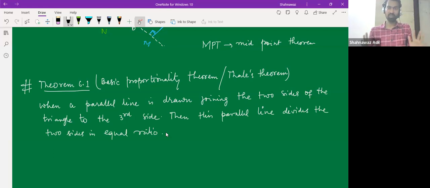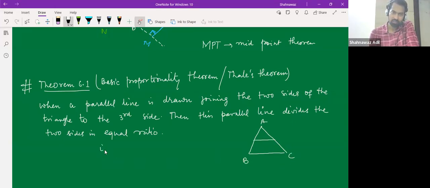So that is why mathematics is very important, because these long statements we can just write like this.